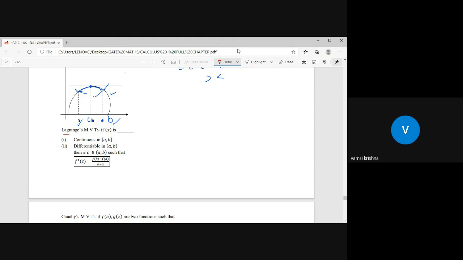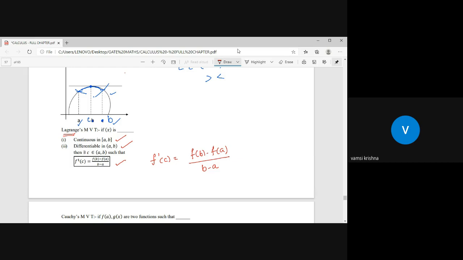The second theorem is Lagrange's. The Lagrange's mean value theorem is like this. The given function f of x is continuous in ab and it is differentiable in ab. These two statements I already discussed earlier. And there exists some c such that f dash of c is equal to f of b minus f of a by b minus a.